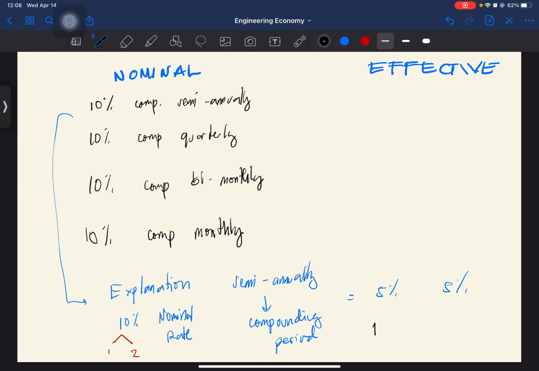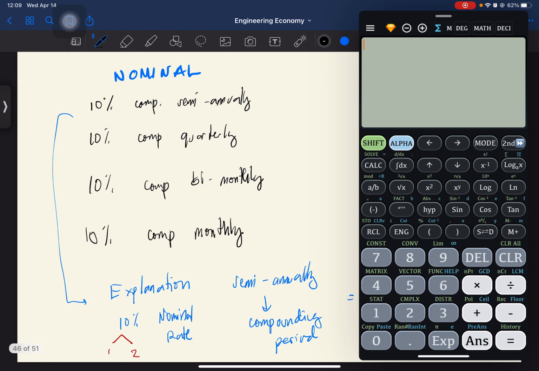So, if you have 1 peso, na dineposit at inilagay mo sa interest rate na to, ang mangyayari, for the first compounding period, that's 1 times 1.05 because the interest rate is 5%. Tama ba? At the middle of the year. So, magiging 1.05 na yung pera mo after 6 months, after half year. Okay? Tapos, that 1.05 will again be compounded by 5% at the end of the second semi-annual. Tama ba? So, 1.05 times 1.05 is, nasaan yung calculator? Ayan.